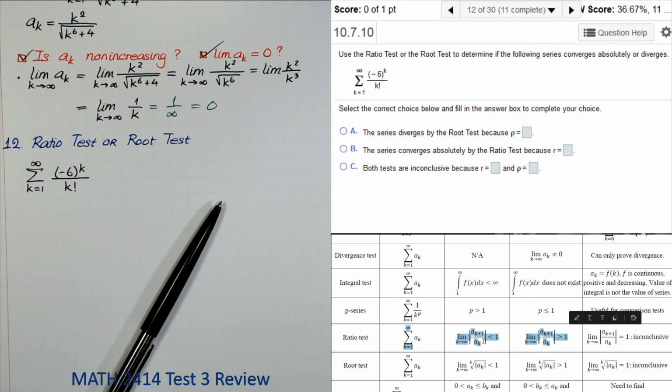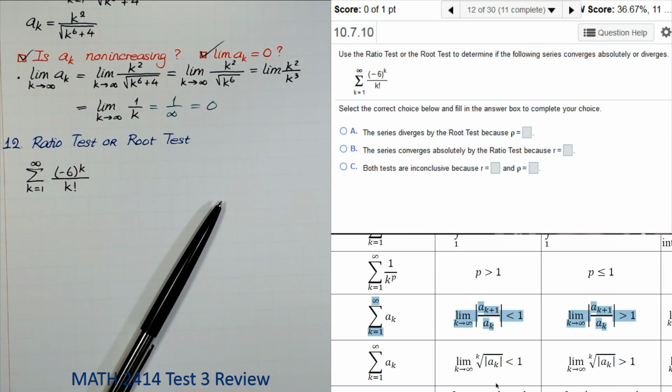So very easy. Let me zoom in. It is convergent if we have this, and it is divergent if we have that. So we take the ratio of consecutive terms.